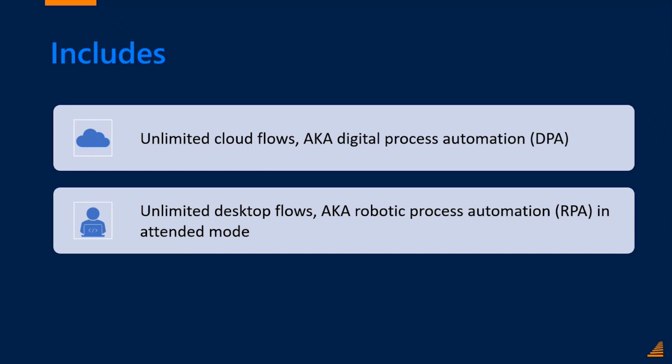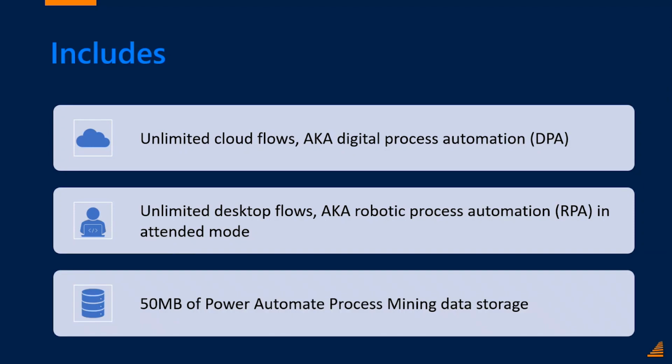includes attended mode, and it also includes 50 megabytes of Power Automate process mining data storage, and that is another new introduction. So process mining is the concept of looking at a process in a business, but rather than asking someone what is the process and automating that, you actually analyze what people are doing.